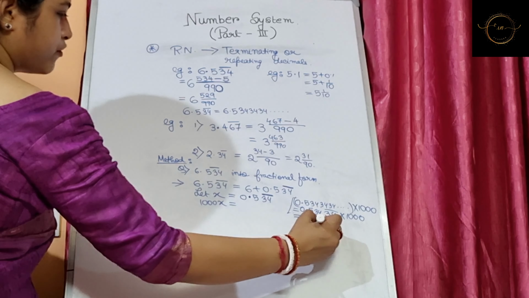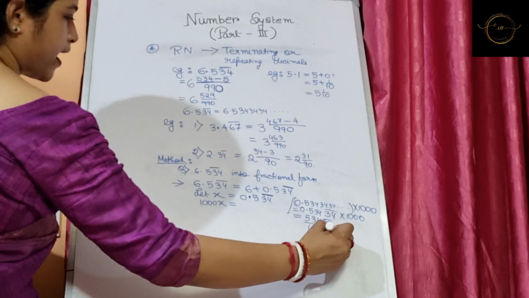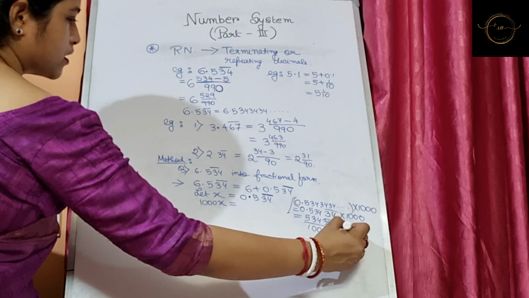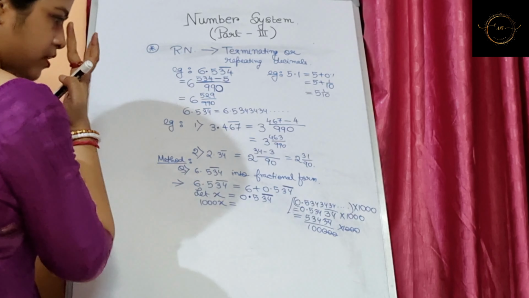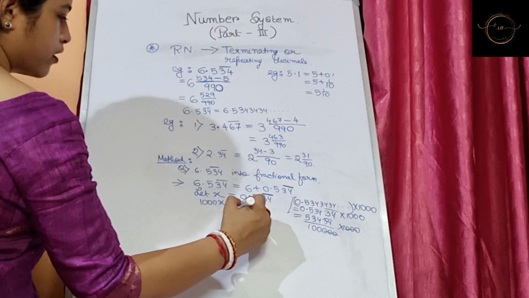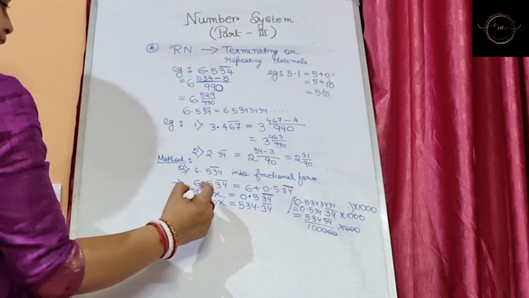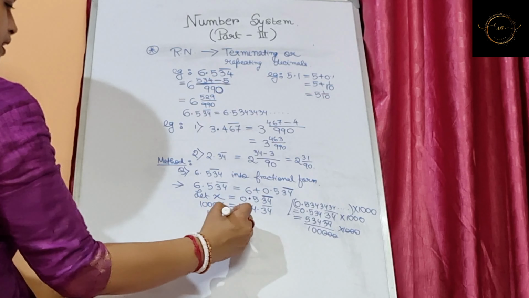So it will be 53434 bar by 1, 2, 3, 4, 5, into 1000. 3 zeros are cancelled. So this will be 534.34 bar.